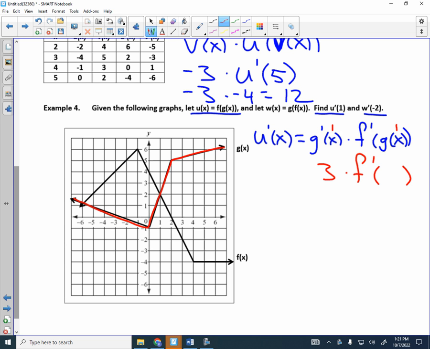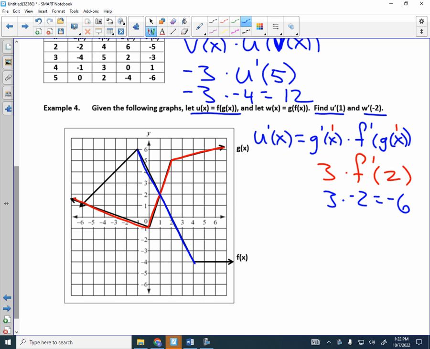G of 1 is 2. That's the height of the function at that spot. To get 3, I looked at the derivative of g at 1. You can see the slope here is 3 units. So now we need to determine f prime of 2. So I'm looking for the slope of f, and it is -2. So I have 3 times -2 is -6.